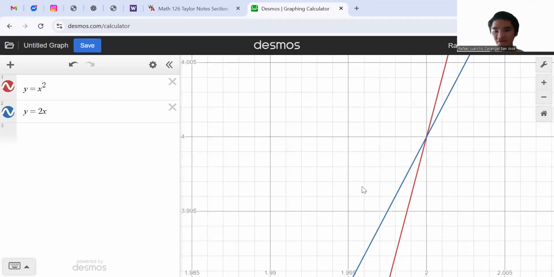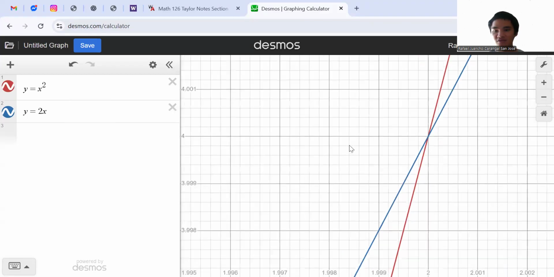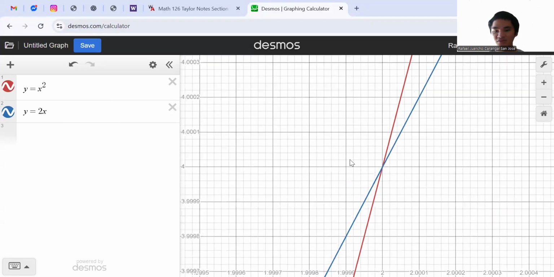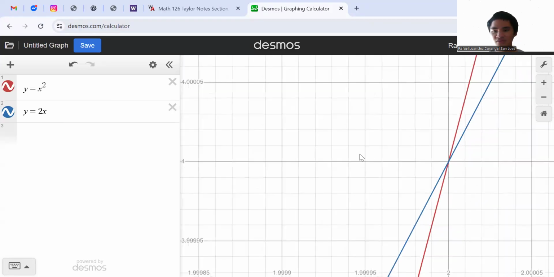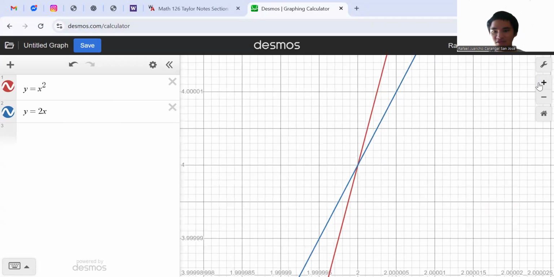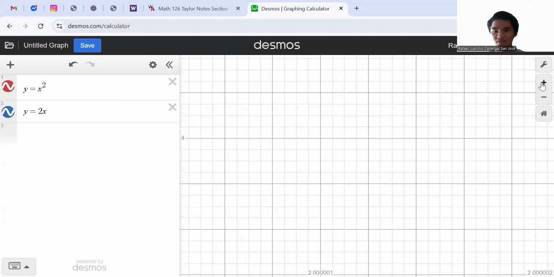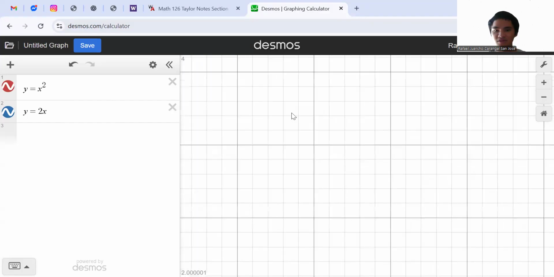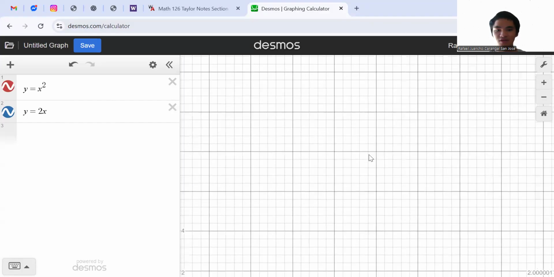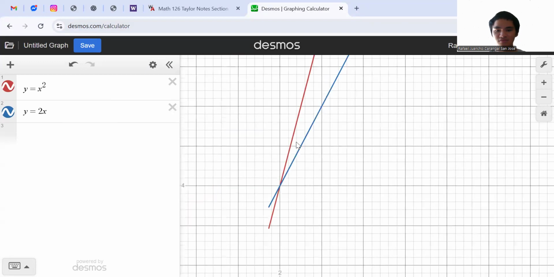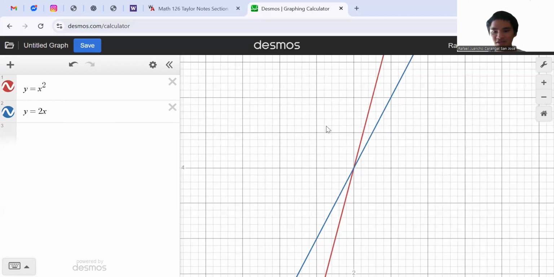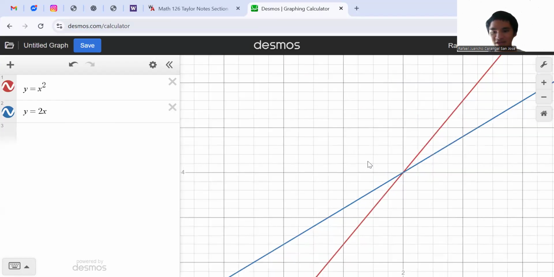So this is the meaning of close, because we don't mathematically know. Here we see that as we're getting close, I don't like zooming. I lost it. There we go. But the idea is as we're getting close, we're actually getting really close.